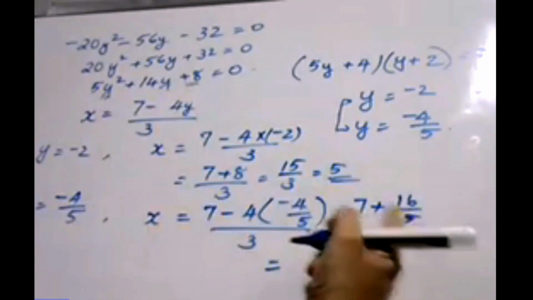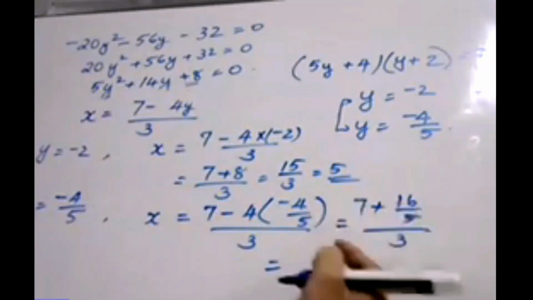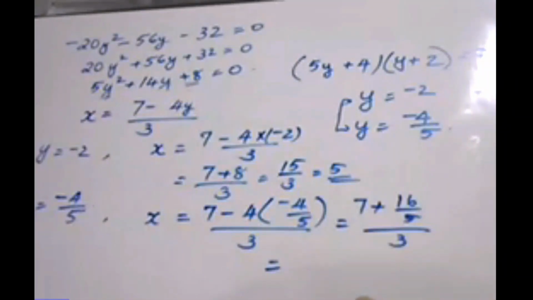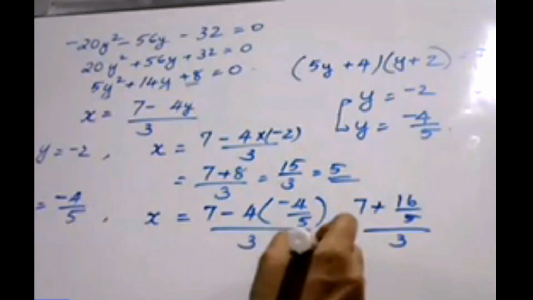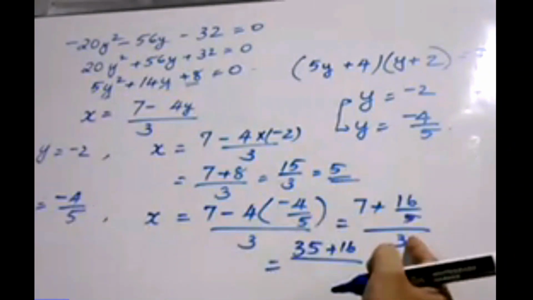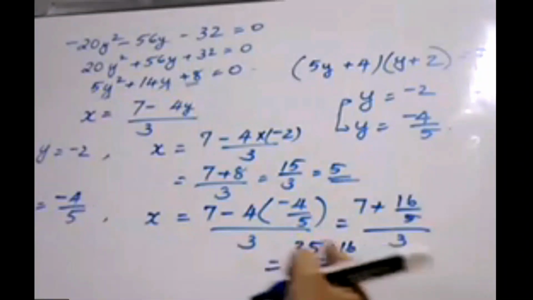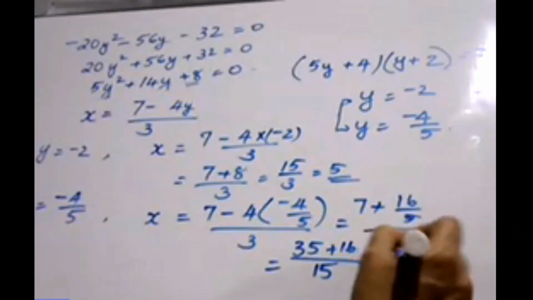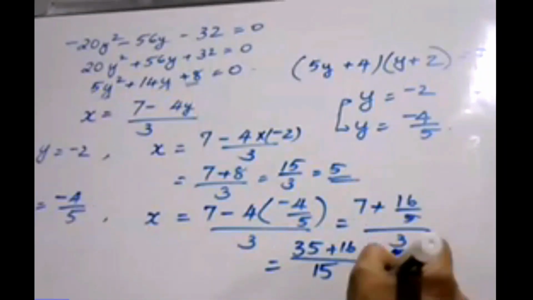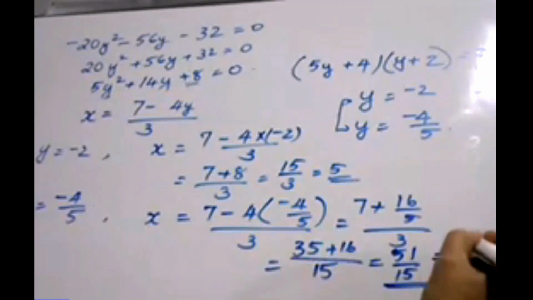This is equal to now 5 times 7, which is 35, plus 16 over 5, and I take this denominator with 3, so which is equal to 15. So this is now 35 plus 16, which is equal to 51 over 15. See, 3 is common. This is equal to 17 over 5.